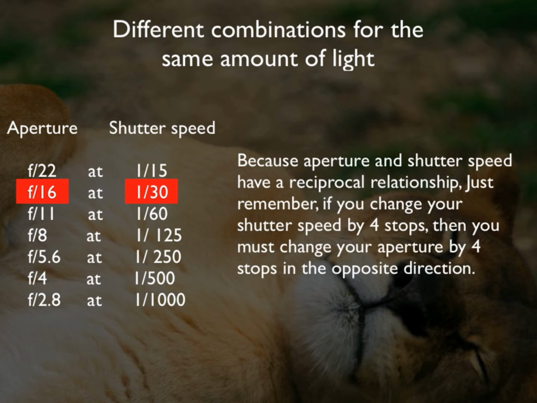Because aperture and shutter speed have a reciprocal relationship, just remember, if you change your shutter speed by 4 stops, then you must change your aperture by 4 stops in the opposite direction.